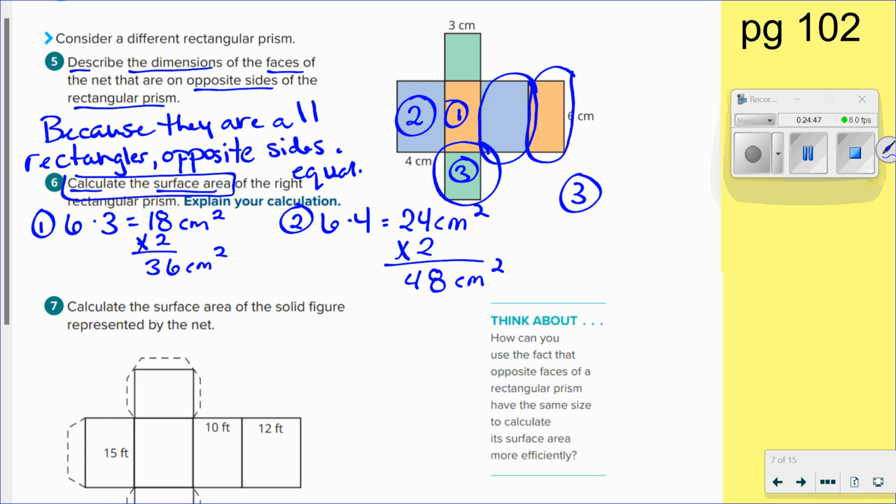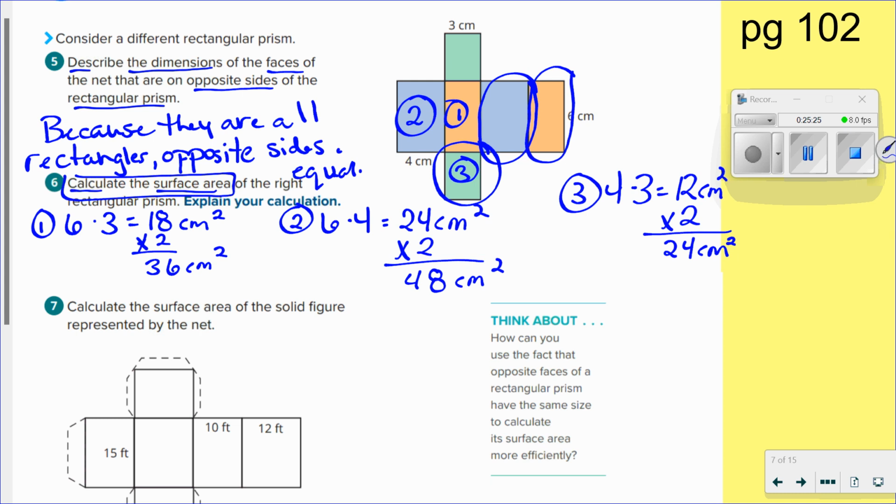Looking at this one. 4. It is 4. This is where what I just showed you comes in handy. I fold up one side and then I fold up that side and they match. So if this is 4, that means this is also 4 because they are equal. Any questions about that? What is the width of this rectangle? 3. So I get 12 centimeters squared. And there are 2 of them, so I get 24 centimeters squared.